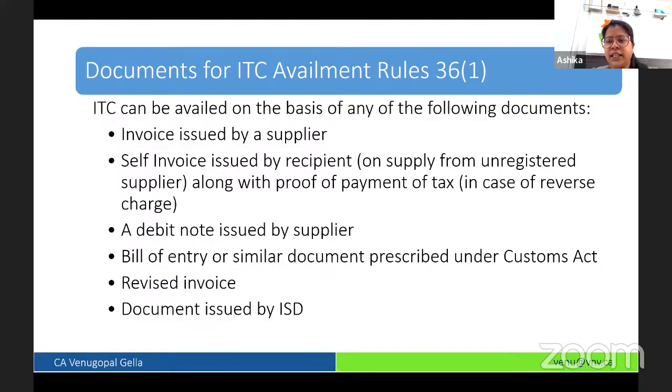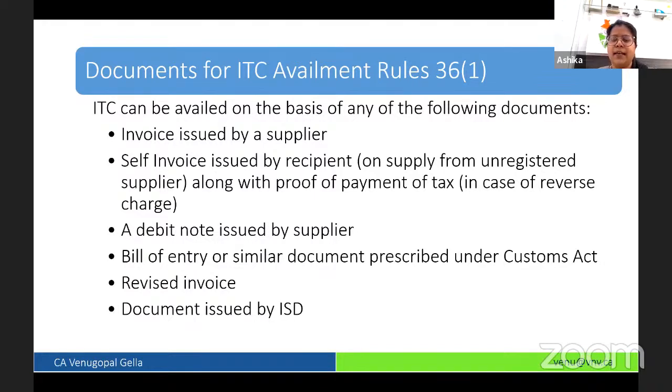But just because you raise the self-tax invoice on yourself, it doesn't mean you will become eligible. You have to make sure you pay the tax for the RCM also. So in GSTR 3B, we show in table 3.1D that inward supply liable to RCM. Over there, you have to discharge your tax liability, and as a document, you also have to maintain the self-tax invoice. Based on both conditions being fulfilled, you will be eligible for ITC.